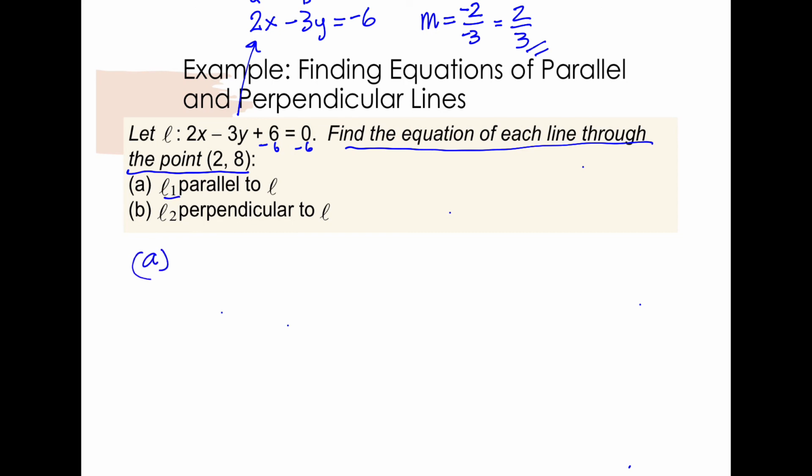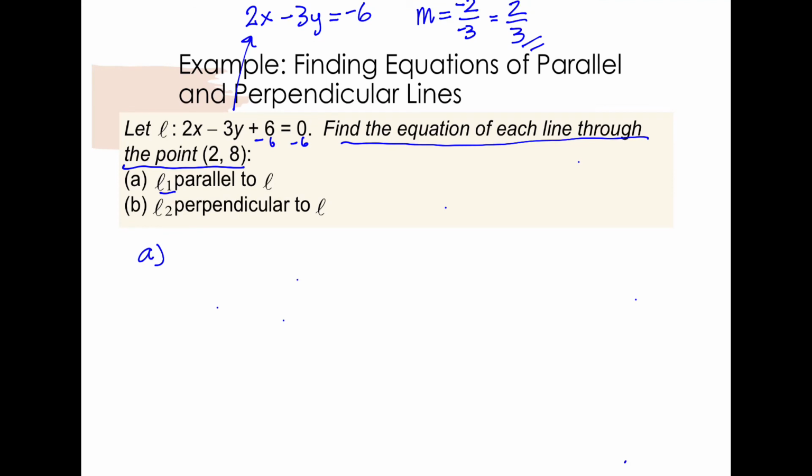So for L1, so here we go, y minus y1 equals slope, which if they're parallel is the same, so 2/3 times x minus x1. And then the y is 8 and the x is 2, so we put those in their respective places.